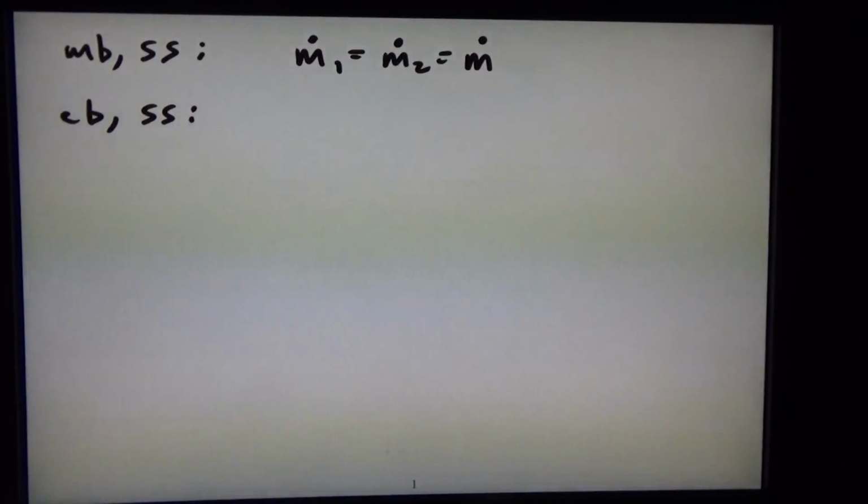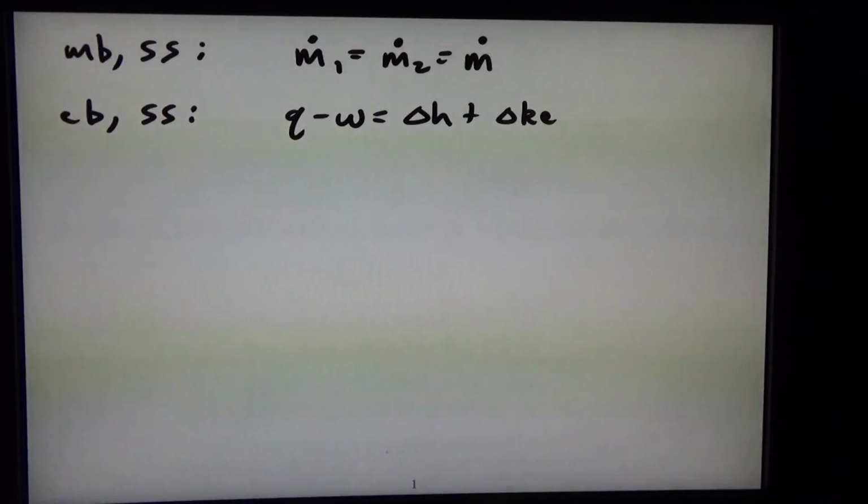That means we need to apply the mass balance. We have the mass balance for a single stream, one inlet, one exit. We can write constant rate of mass flow through the device. For the energy balance, we can start off with our full energy balance equation, and then cancel off the negligible terms: potential energy, kinetic energy, work, and heat transfer.